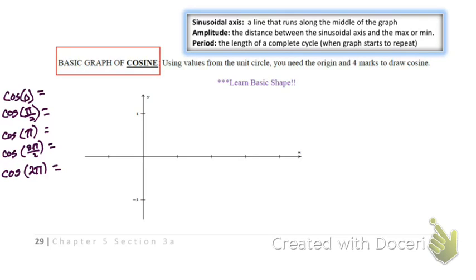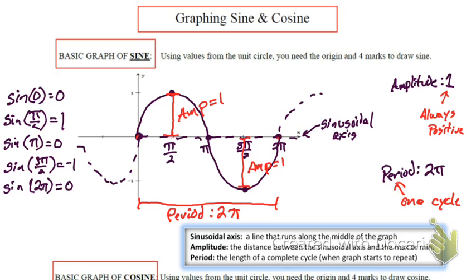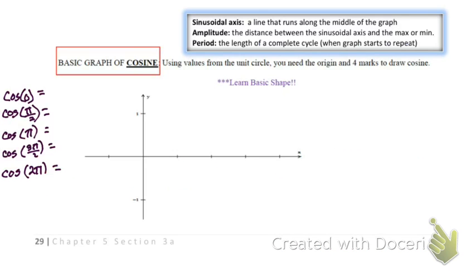All right, these values are good to know. Just knowing them off the bat makes your life a little easier. You can also use your sine values, because if your sine is 0, your cosine is 1. If your sine is 1, your cosine is 0, so on and so forth. But let's go ahead and write these down. The cosine of 0 is 1. Cosine of pi over 2 is straight up.